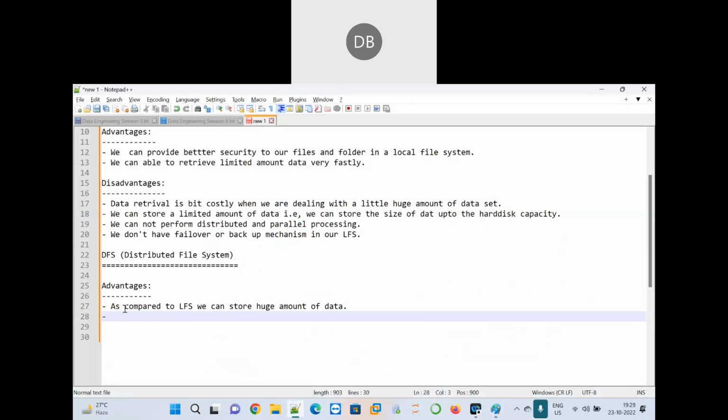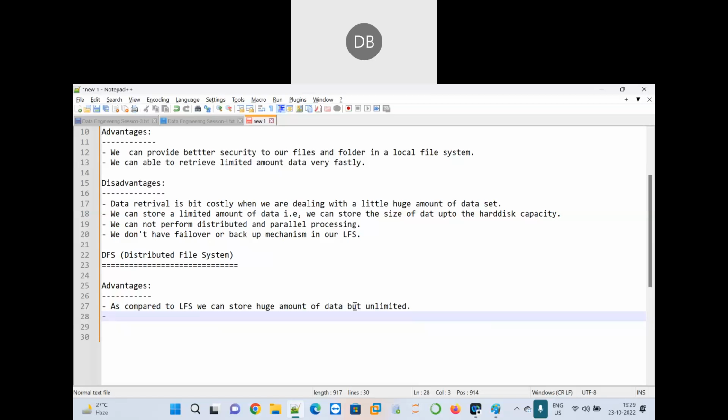Let's see. First of all, as compared to LFS, we can store a huge amount of data, but not unlimited. No doubt we can store huge amounts of data as compared to LFS, but not unlimited. As and when the data size increases, we can add another 2 or 3 nodes according to our requirement and accommodate those volumes of data in our cluster.